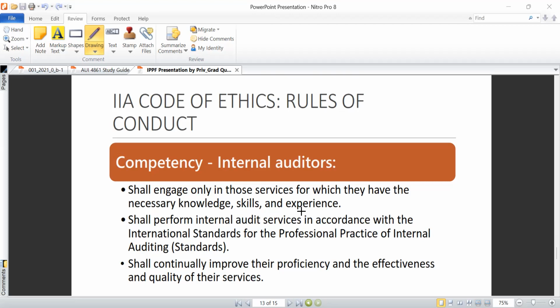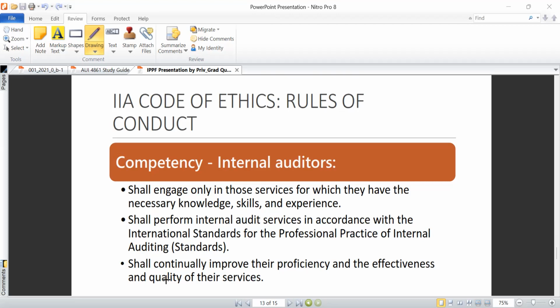So for example, if I look at a case study scenario and I'm told that the chief audit executive last did a staff training for the internal audit members about 5 years ago, and he does not see it being necessary for the training to be done annually, I can assure you that in a scenario like that, there's a violation of this particular principle with regards to rule number 3, which suggests that internal auditors shall continually improve their proficiency and the effectiveness and quality of their services.